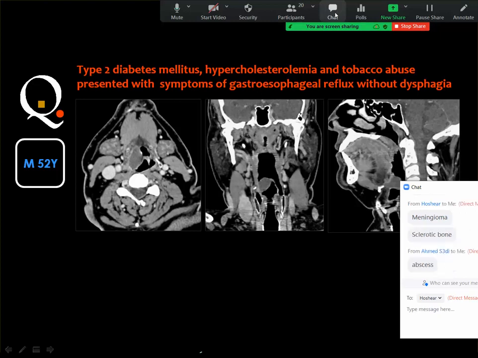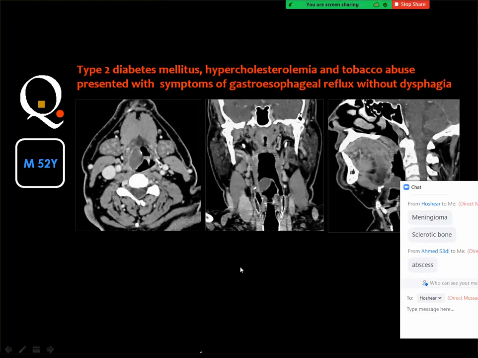And abscess is a very difficult diagnosis, that the patient has an abscess in his larynx. Another possibility, and peripherally enhanced? No, this is not a peripherally enhanced lesion. Polyp? No, it is a cystic lesion.